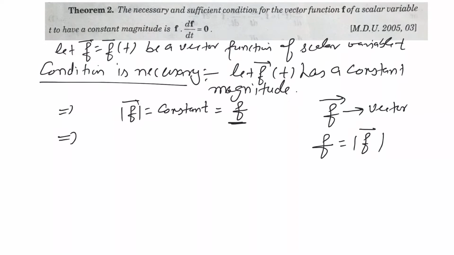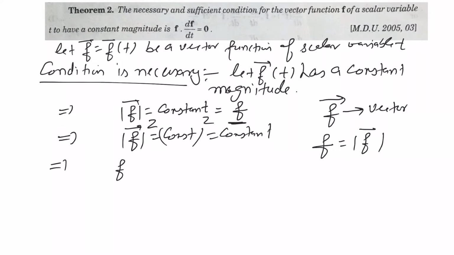If the magnitude is constant, then its square is also constant. And we know that f dot f is equal to f square, which is a constant quantity. This is a result that f dot f is equal to f mod square.